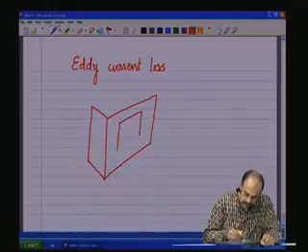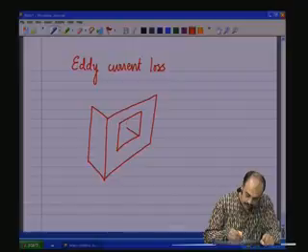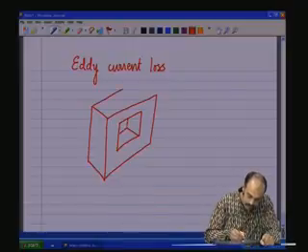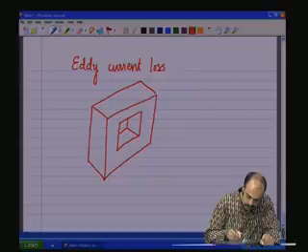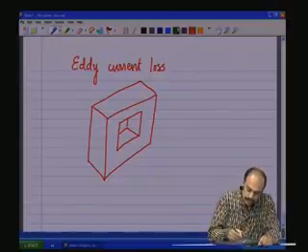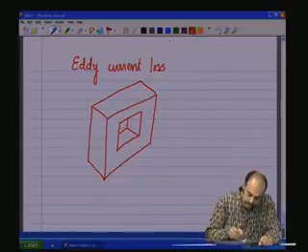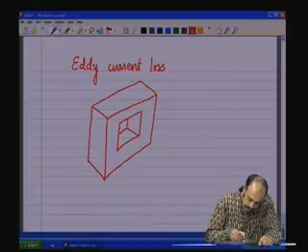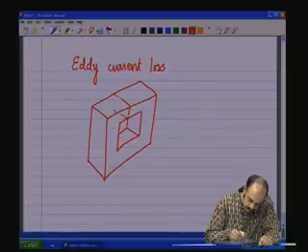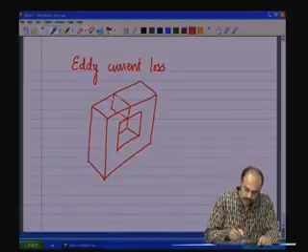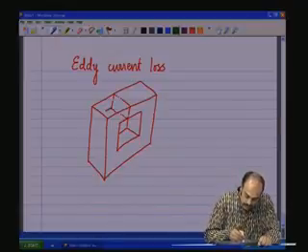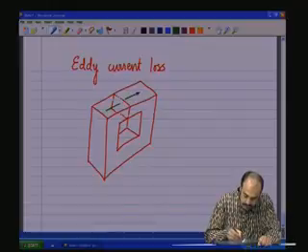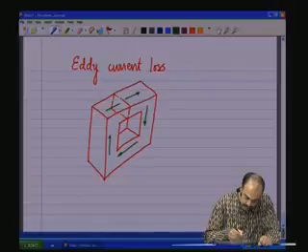This is a three-dimensional view of this core. Now, this core, let me take a cross section. The flux is going through the core in this fashion.